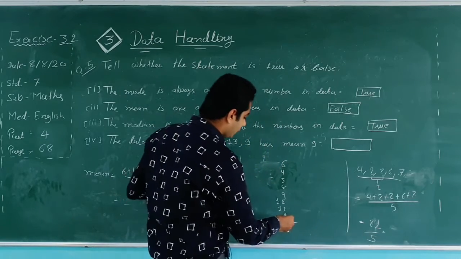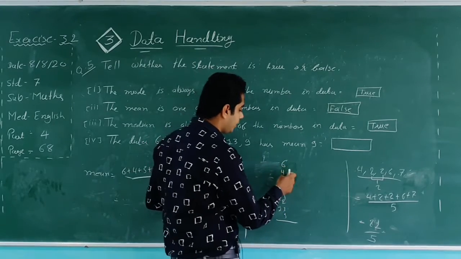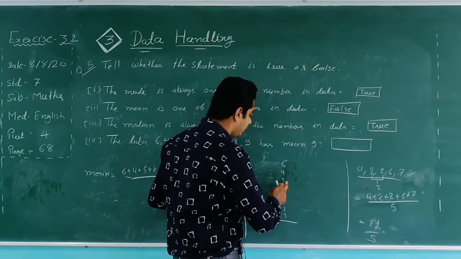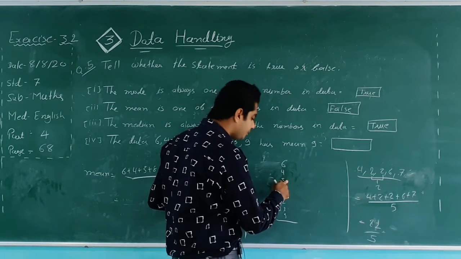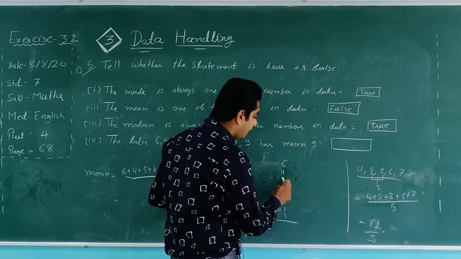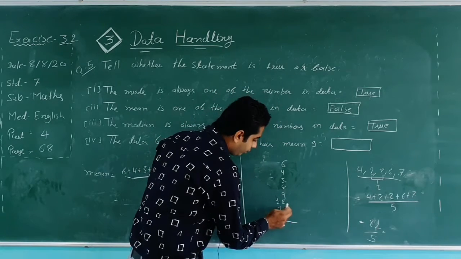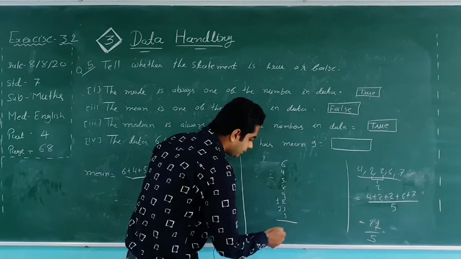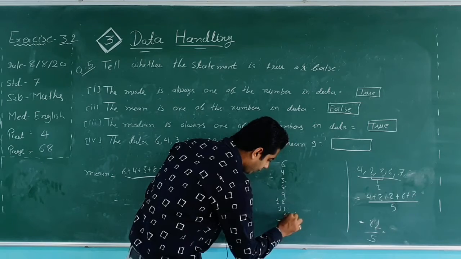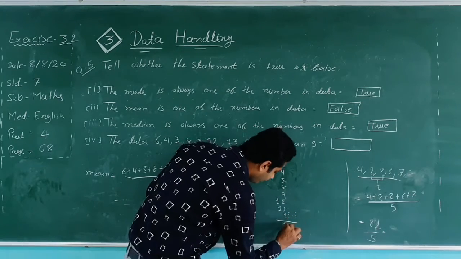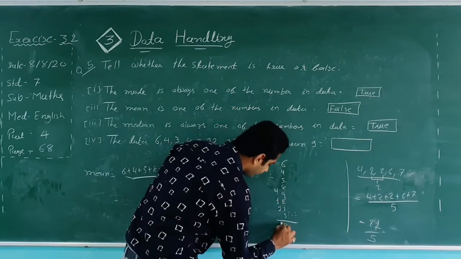So add them. 6 plus 4 is 10, 10 plus 3 is 13, 13 plus 8 is 21, 21 plus 9 is 30, 30 plus 12 is 42, 42 plus 13 is 55, 55 plus 9 is 64. So 64 is your answer.